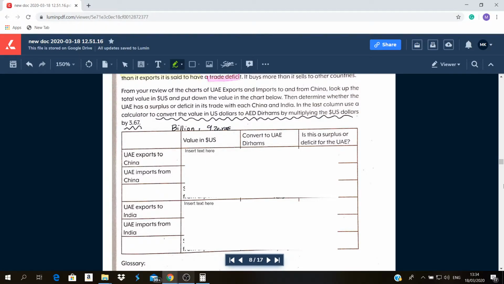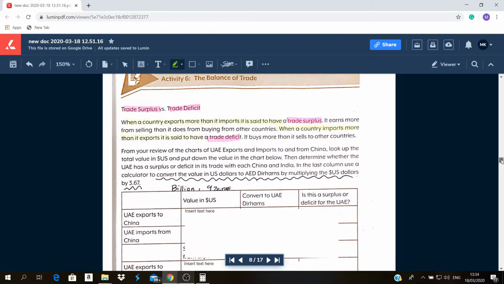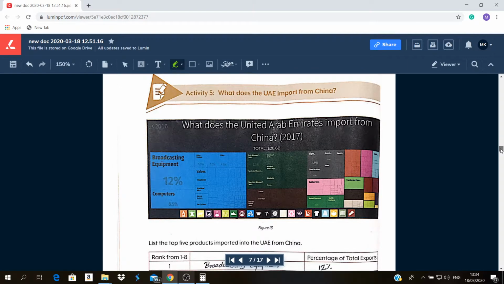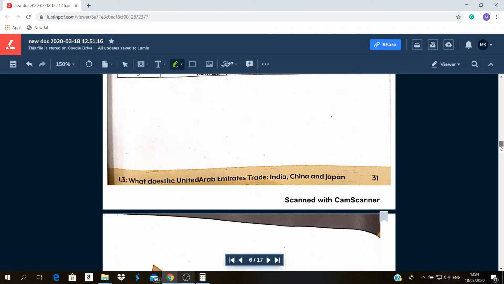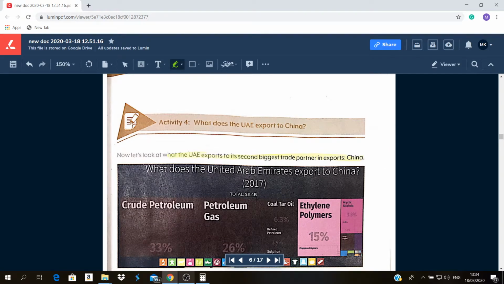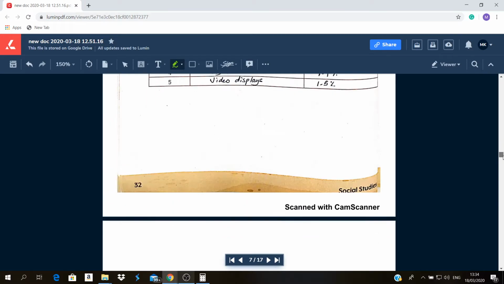So UAE exports to China. From where we're going to bring the value? Go back to the charts. Look here. Total of the imports and total of the exports. Let's see.